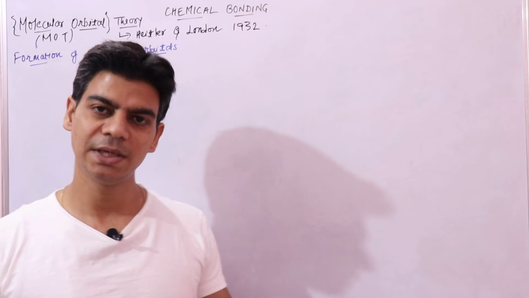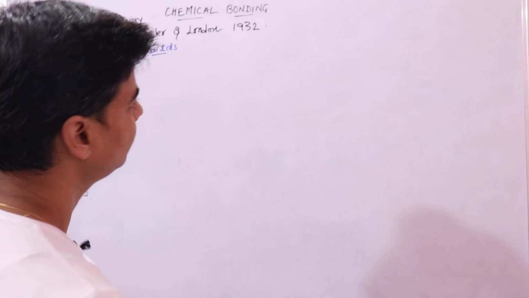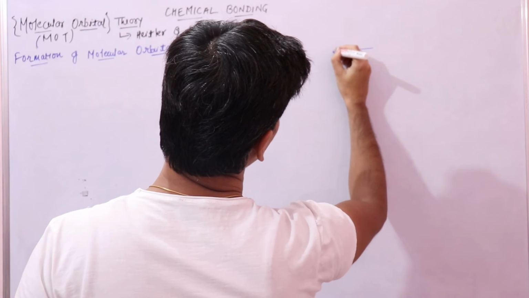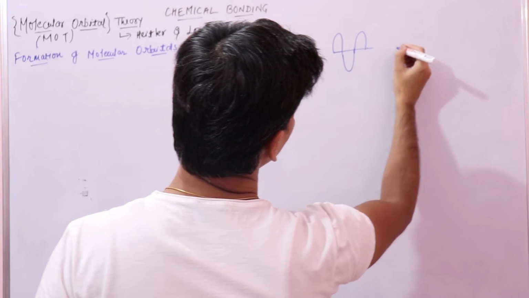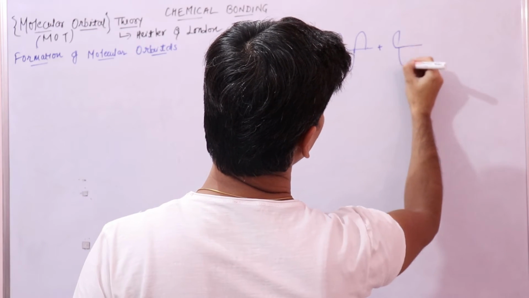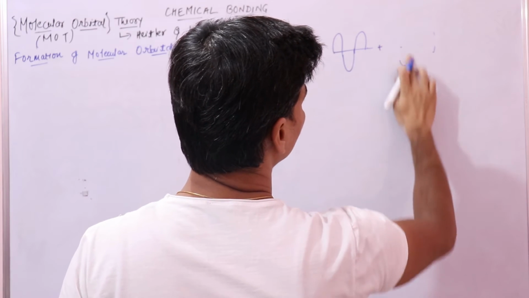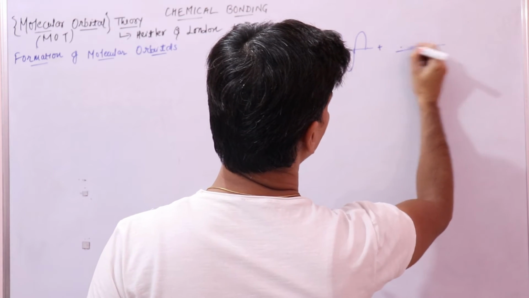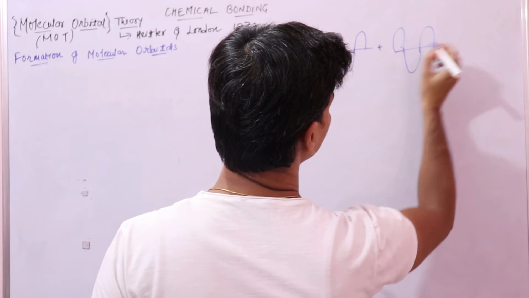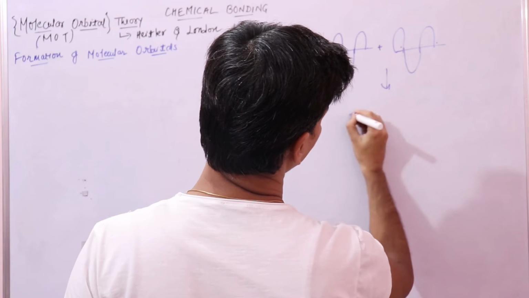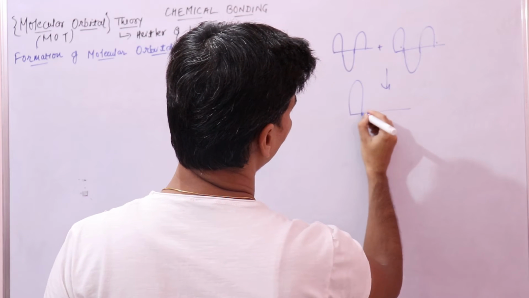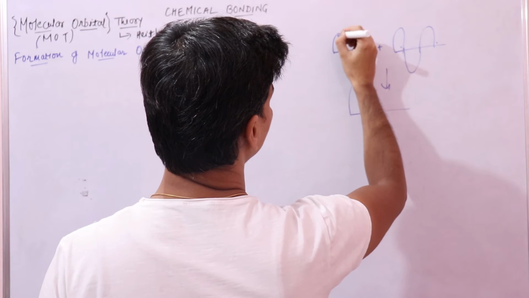We'll see it mathematically now. Earlier we saw that if these are two waves and they combine constructively, they will form a bigger wave like this.